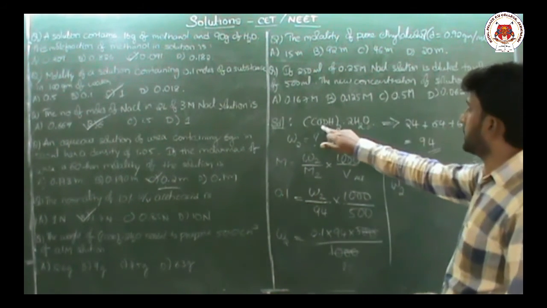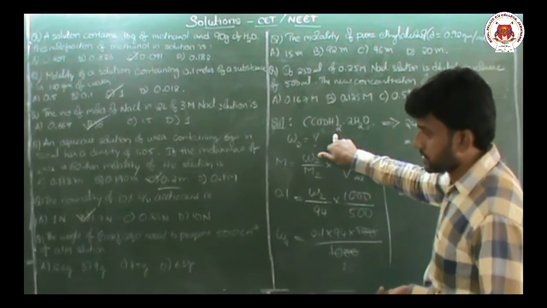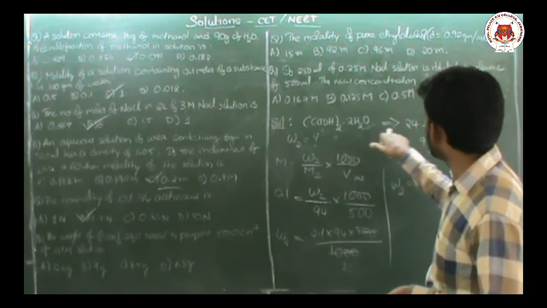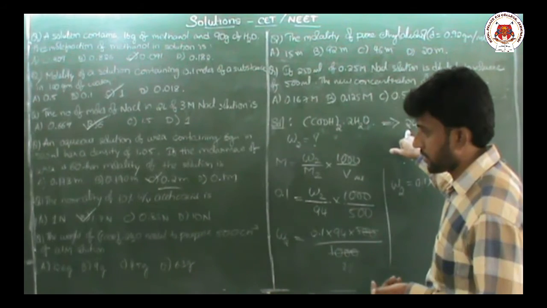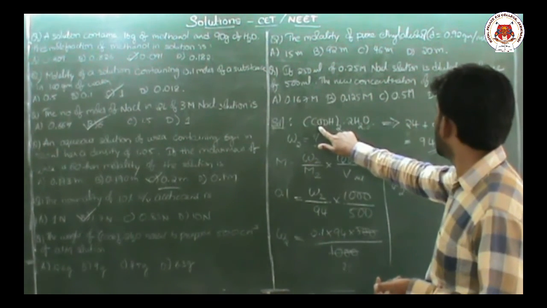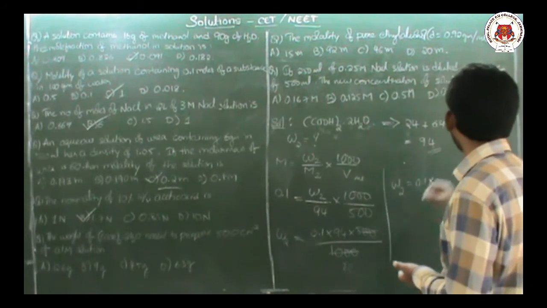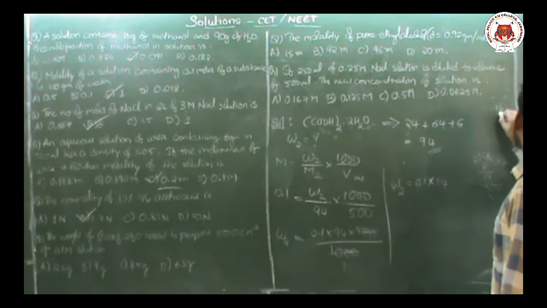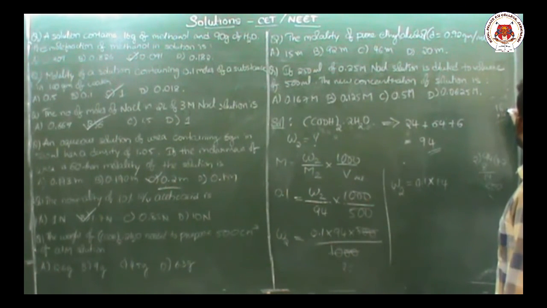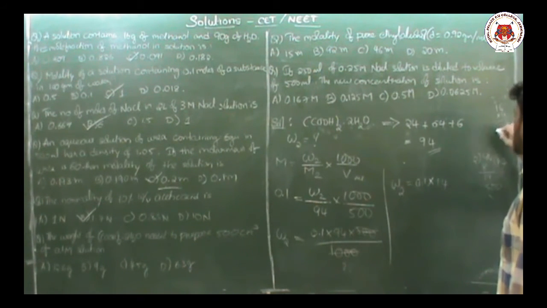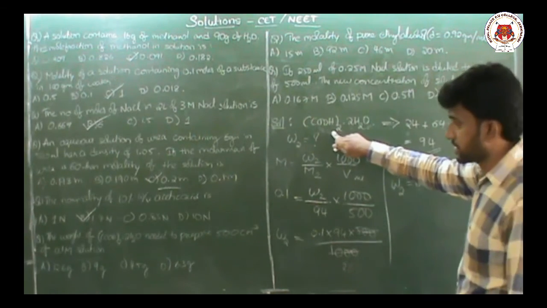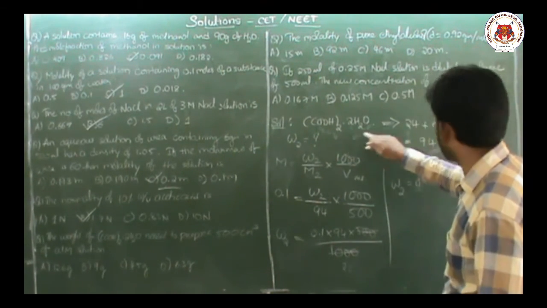I will check the molecular weight of this compound once more. 2 carbons are there, which means 24. 2 oxygens plus 2 oxygens is 4 oxygens, 16 into 4, 64 only. 2 hydrogens plus 4 hydrogens, 6 hydrogens.